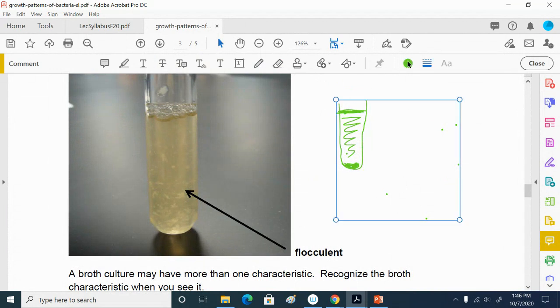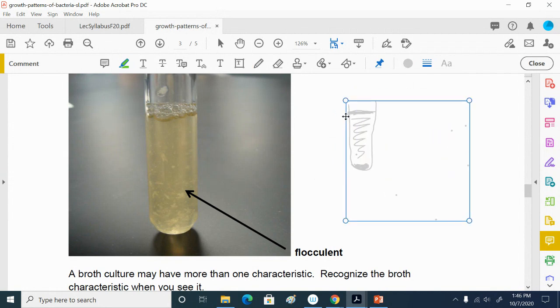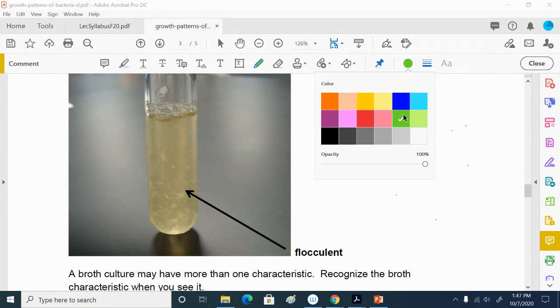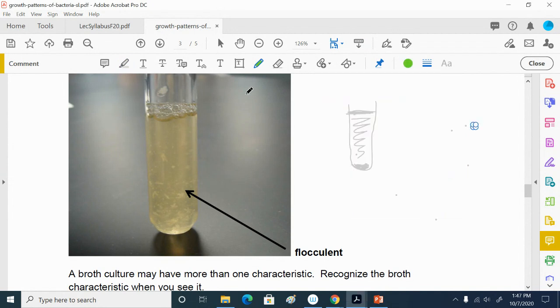What I'm trying to do is draw some green without making the whole thing green. Oh, okay, now I can do it.